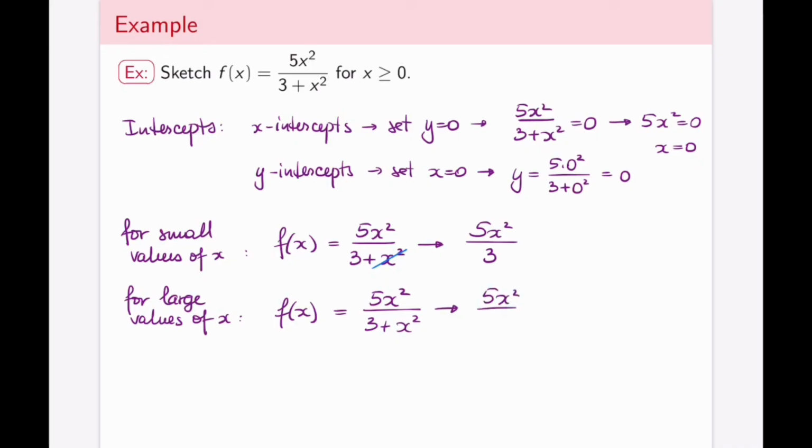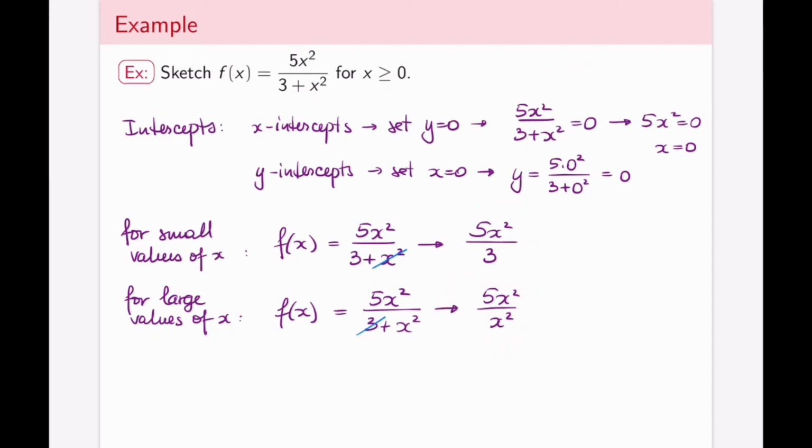But on the bottom, I have to choose between 3 and x squared, and I have to keep the largest power of x. x squared is the term with the largest power of x, so I'm going to ignore the 3 and keep the x squared. Now that means that for small values of x, my function behaves like 5x squared over 3, and for large values of x, my function behaves like 5x squared over x squared.